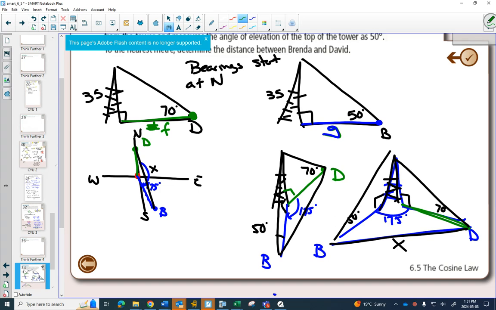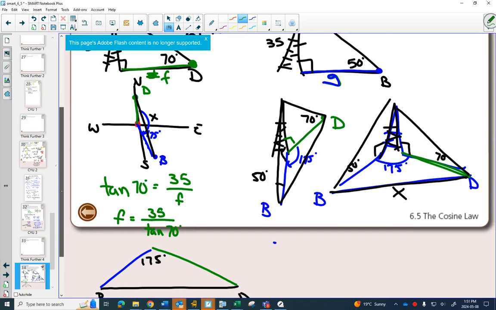If I want to find f, would you use sine, cos, or tan? Tan of 70 degrees, opposite side, which is 35, over f. So f is equal to 35 over tan of 70. You know how to do that with fractions, right? You can just flip things, switch places. Really nice and handy.